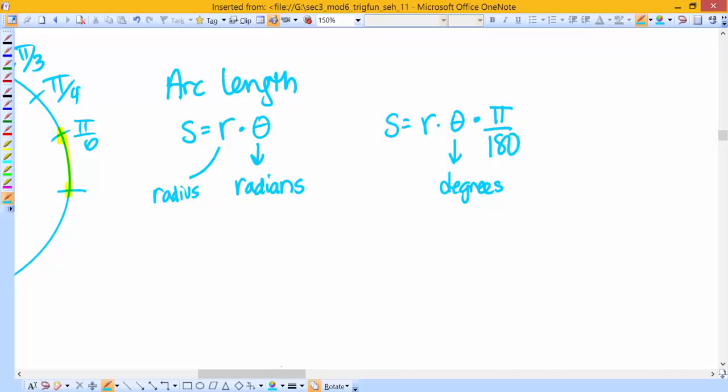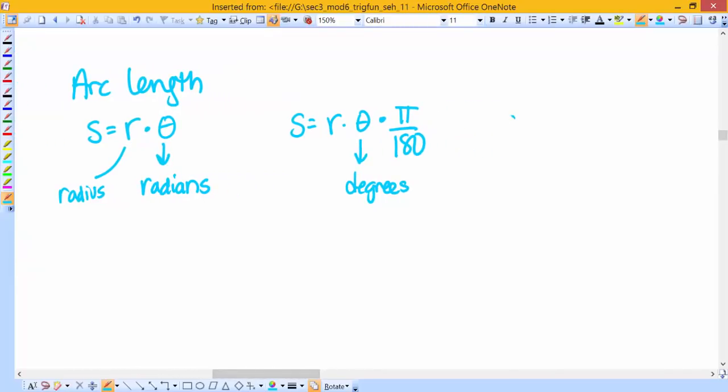The formula that they give you guys in the homework is theta over 360 times diameter times pi, because they are using diameter instead of radius. But if I convert diameter to radius, diameter is 2 times r.